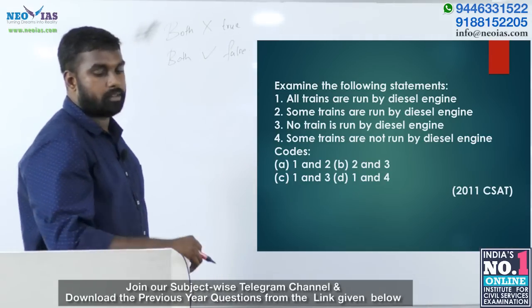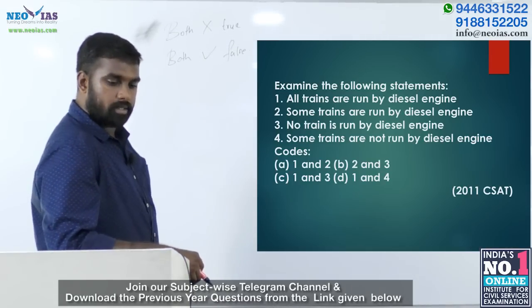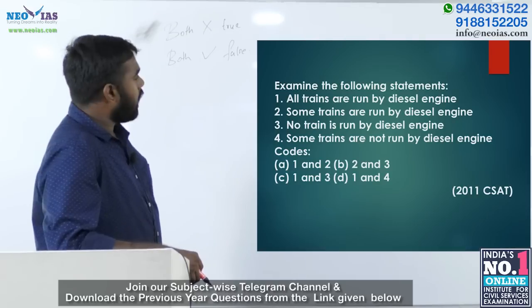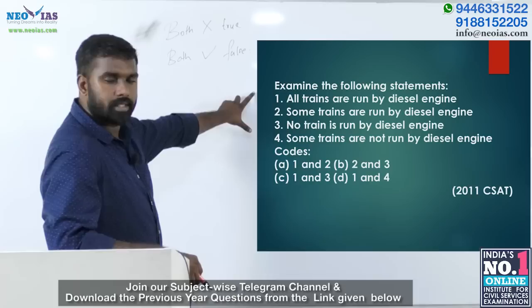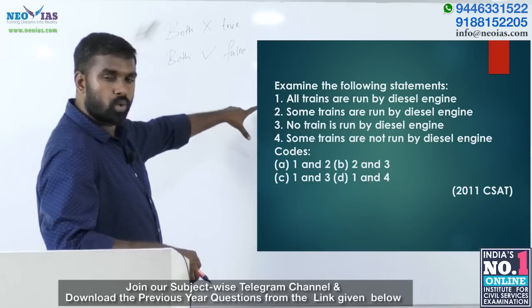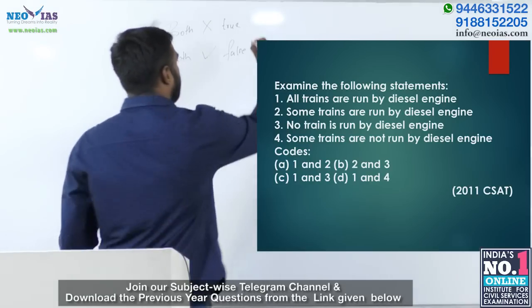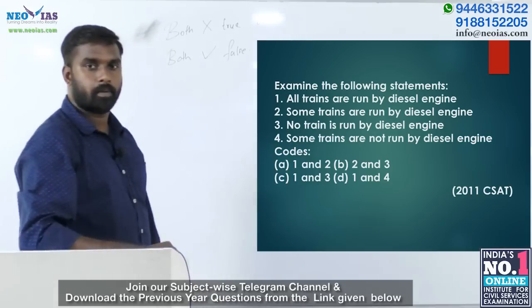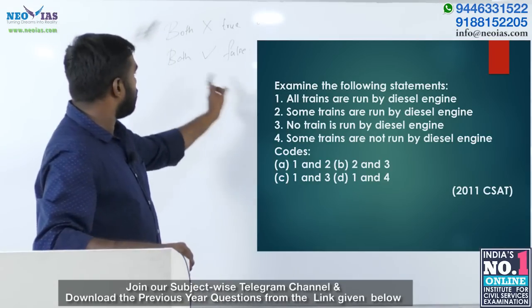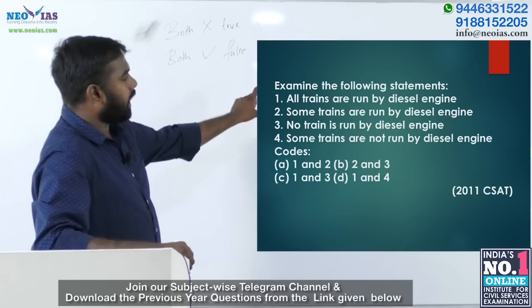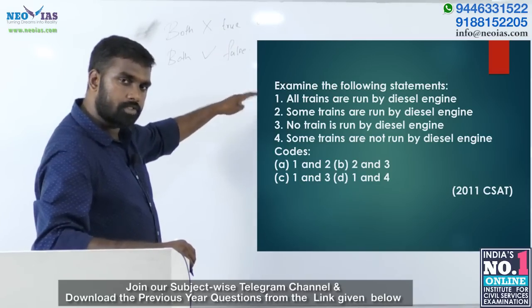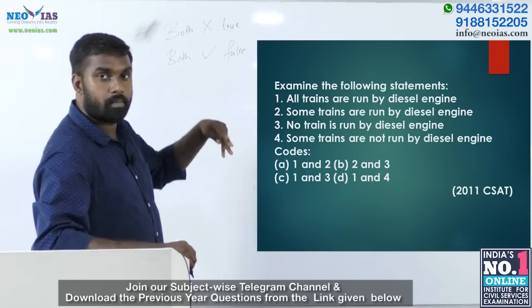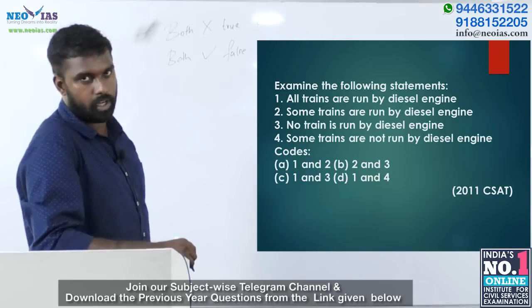Option C, 1 and 3. All trains are run by diesel engine and no train is run by diesel engine. These are contradictory statements, isn't it? So they cannot be true simultaneously. So the first condition is satisfied. What is the second condition? Both can be false. If all trains are run by diesel engine is false, there may be some which are not run by diesel engine.